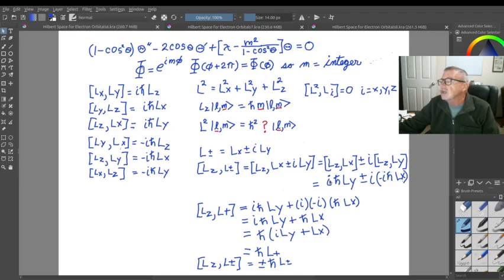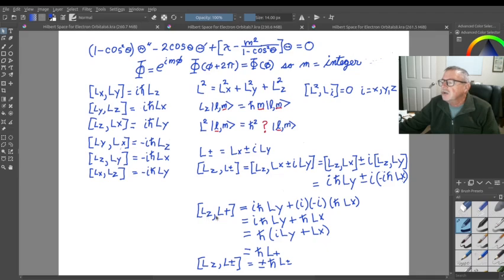Okay, that's i h bar Ly. Those do not commute, and this is the result of it, or the uncertainty. And then Lz, Ly, let's look over here, is minus i h bar Lx. So I've substituted that in. It just gets more fun by the minute.